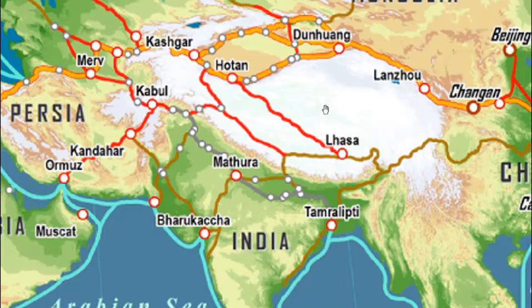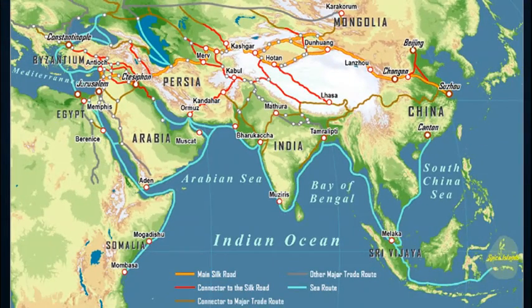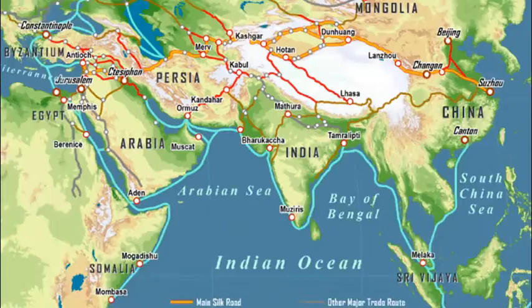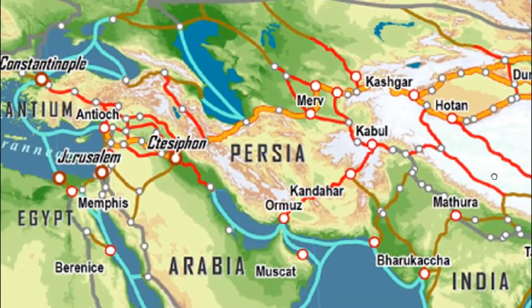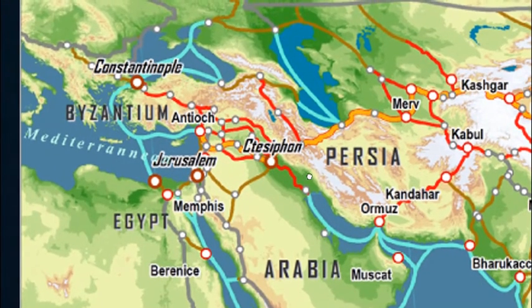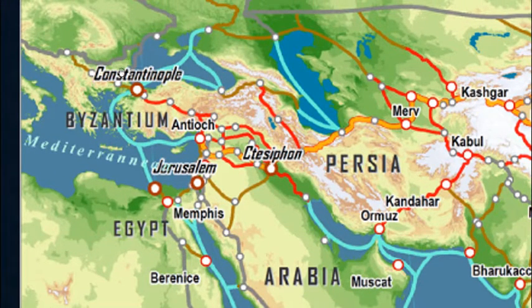The yellow here in this map is the main Silk Road that comes from China, and all of the other colors in the map show routes going to various areas in Asia for trading of products, from South Asia and Southeast Asia to Central Asia and Western Asia, until it reached Europe, the area of Byzantium and Constantinople.